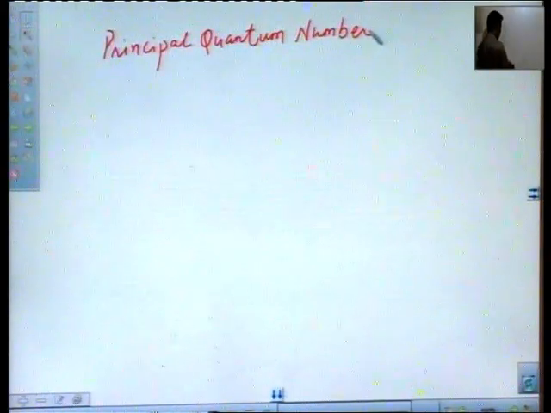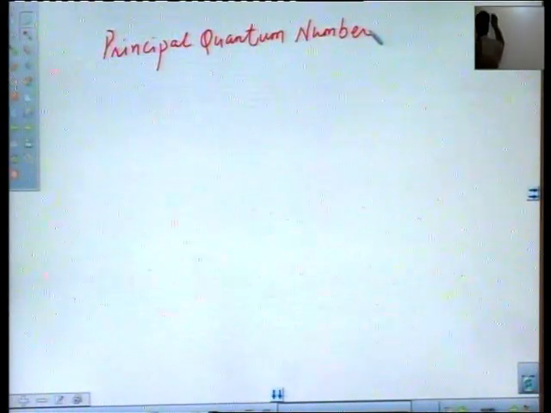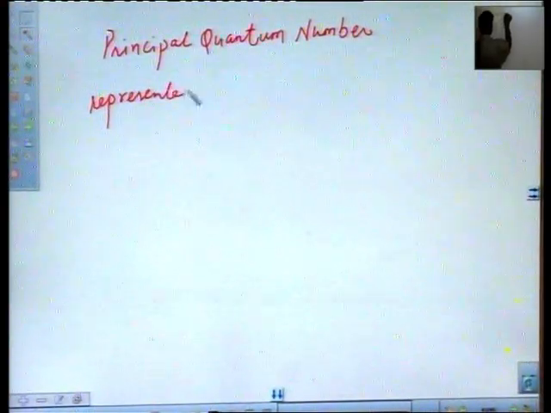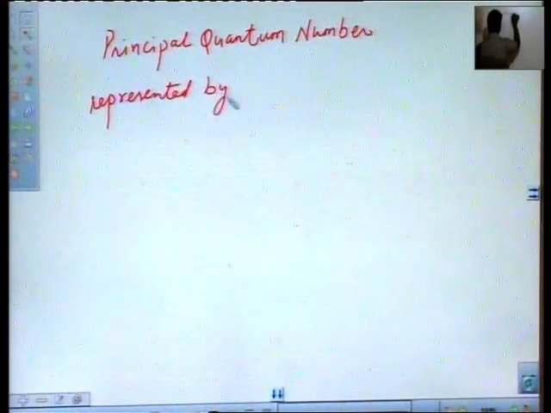The principal quantum number is represented by small n.